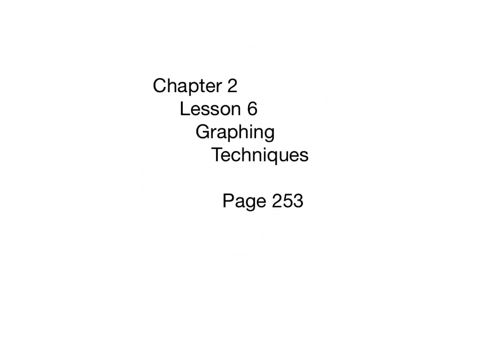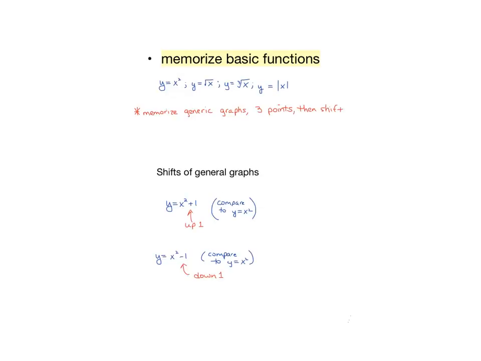Okay, so now we're going to take a look at the graphing techniques. Having memorized the basic functions of x squared, square root of x, the cube root of x, the absolute value of x, is going to help you when we shift these graphs.